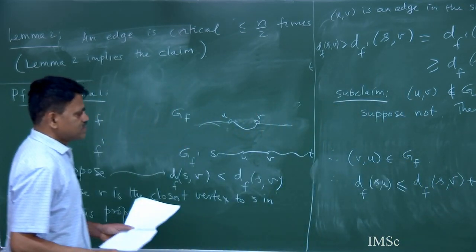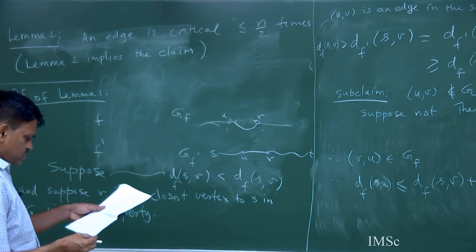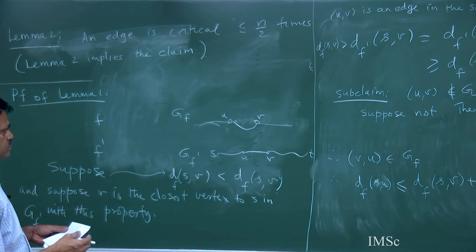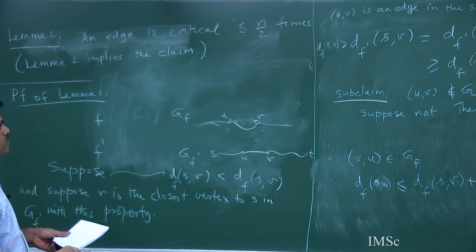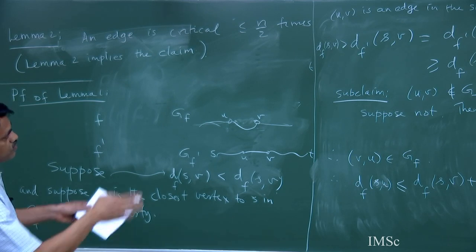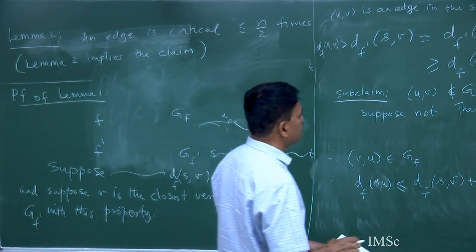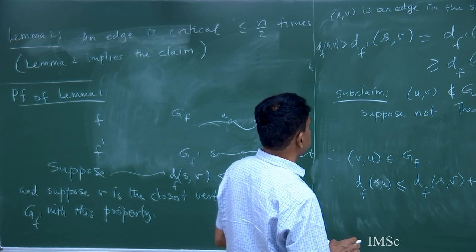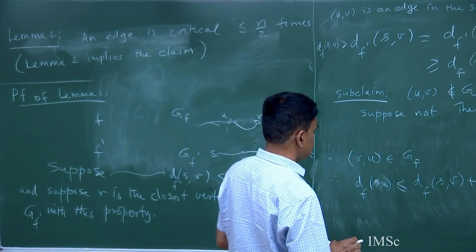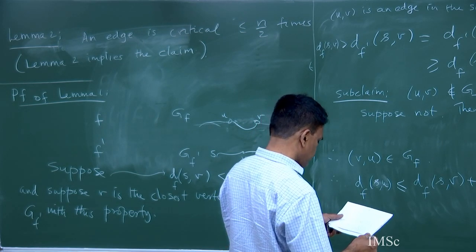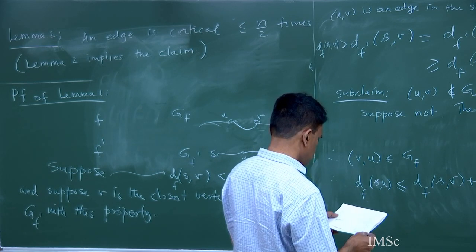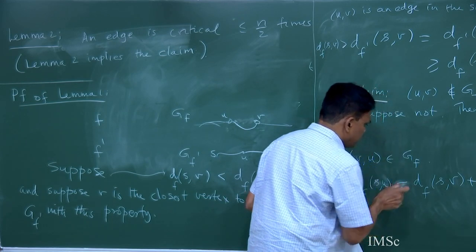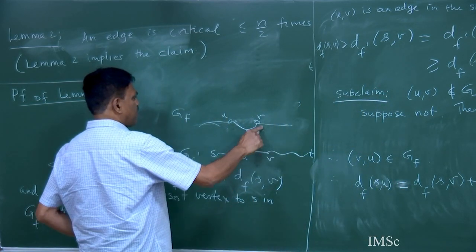Now again we will get some contradiction from whatever is on the board. It's actually not even less than or equal to, it's exactly equal to, because this is part of the shortest path.